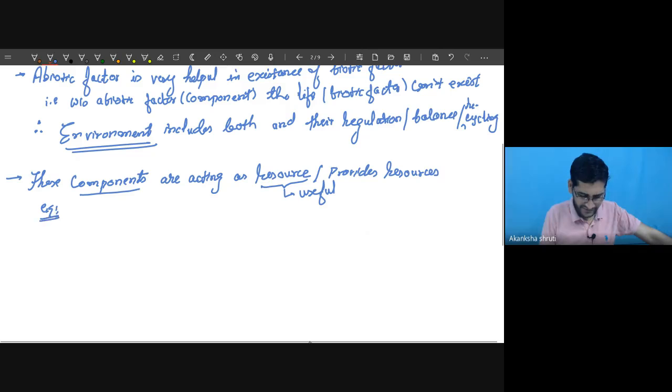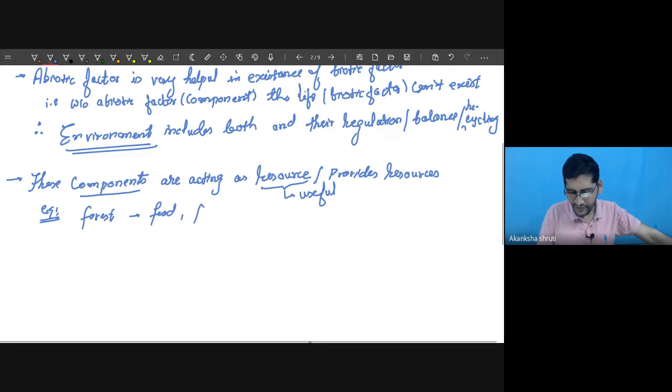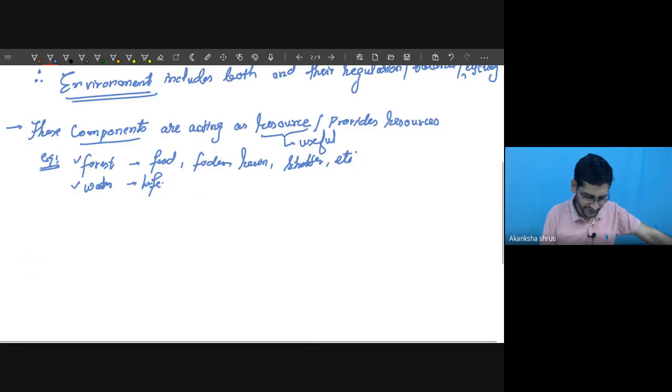Example, even the forest is useful for food, fodder, rain, shelter, etc. That's why it is acting as a resource. The water is needed for life, means without water the life cannot exist. So whether living or non-living, each of them can act as a resource. It is the first thing.